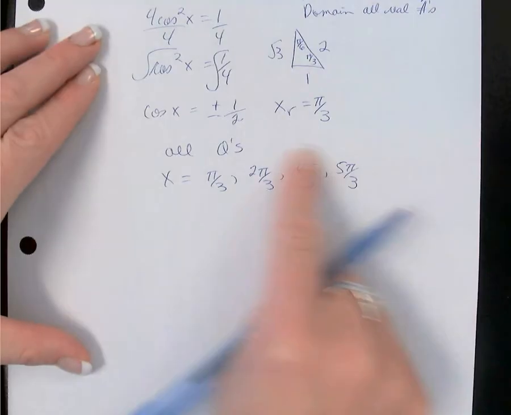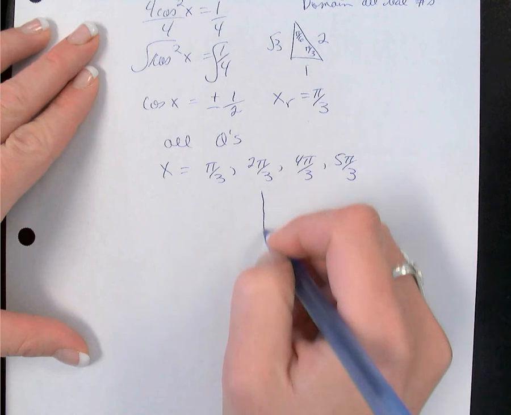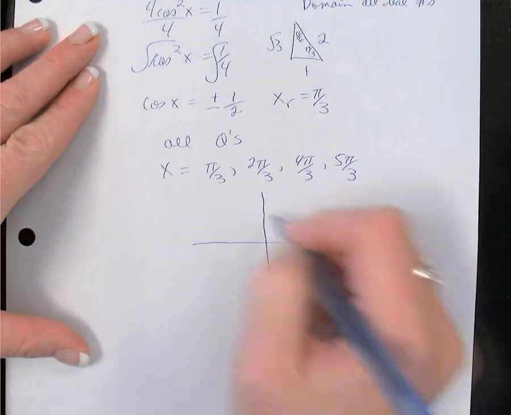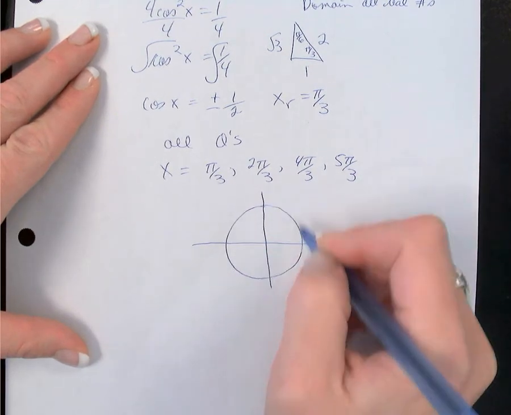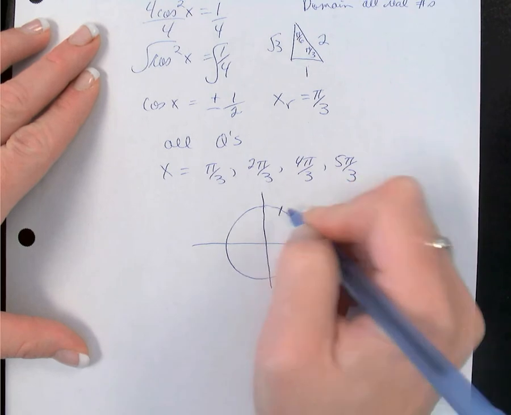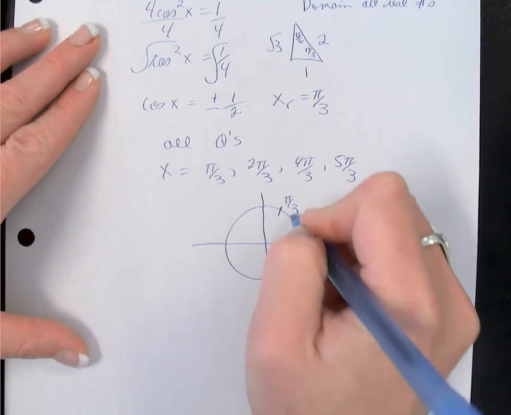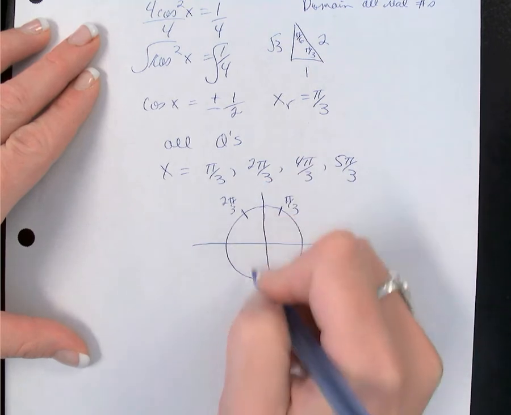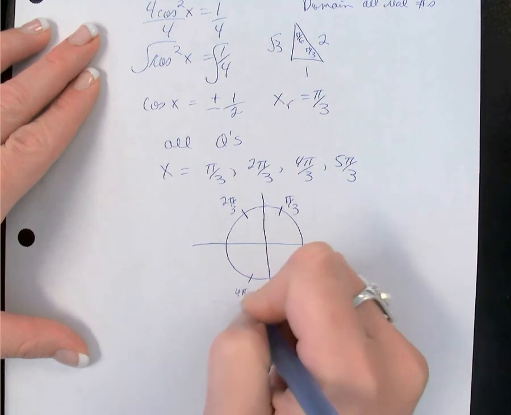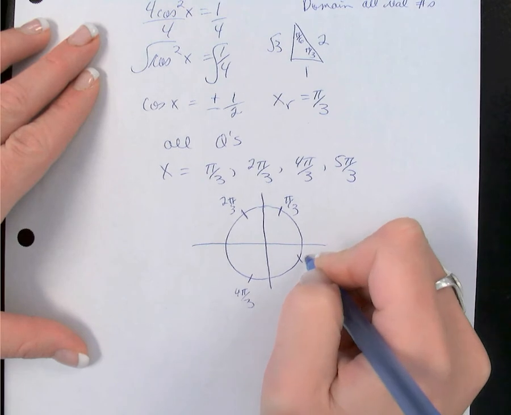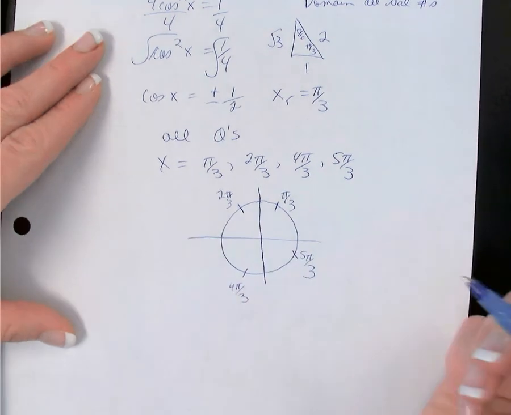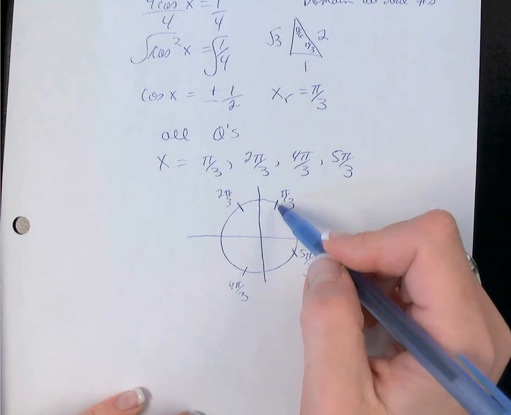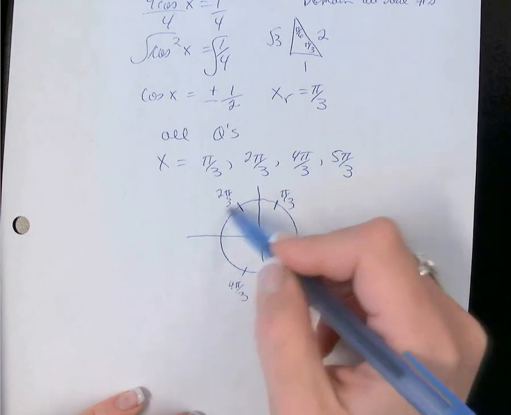Let's visualize where these angles are on the unit circle. So if I draw a unit circle, pi by 3 is approximately here, 2 pi by 3 is about here, 2/3 of the way. Go around to 4 pi by 3 and back up to 5 pi by 3 right here. Okay? So if we take a look, pi by 3 and 4 pi by 3 are a distance of pi apart.